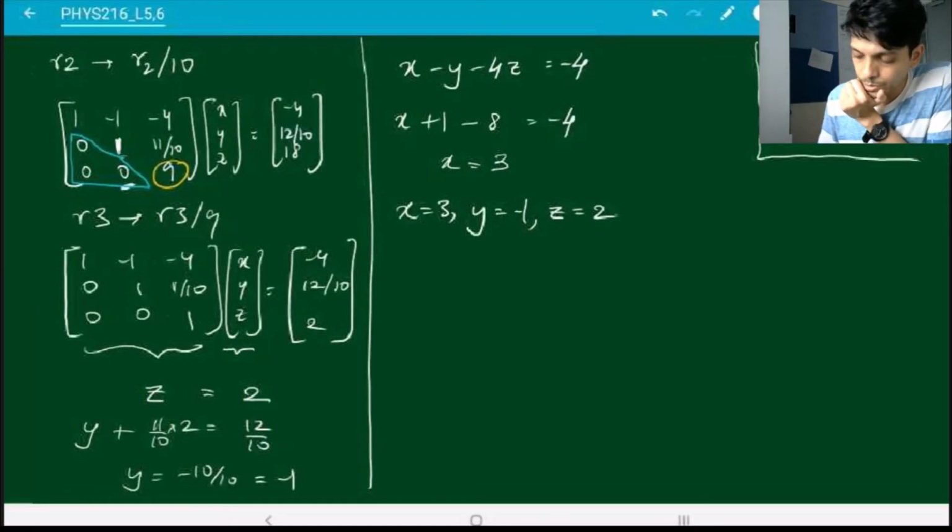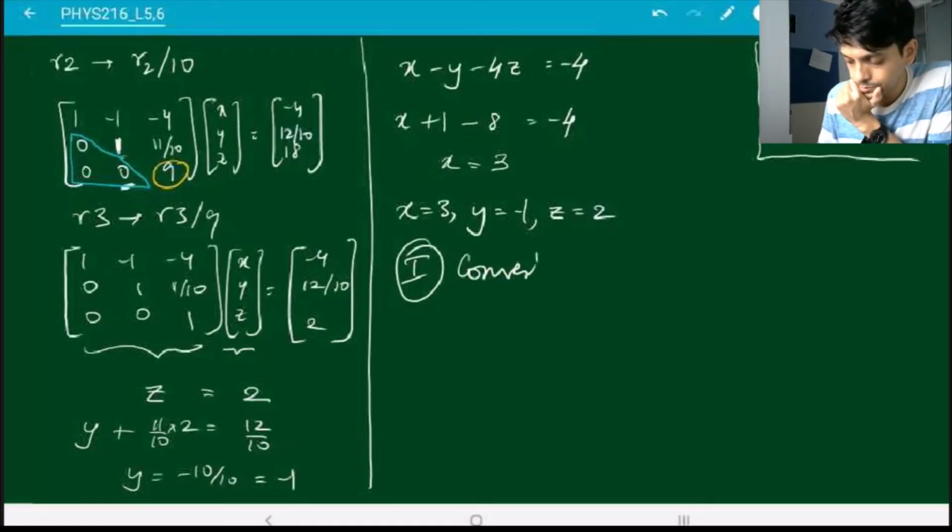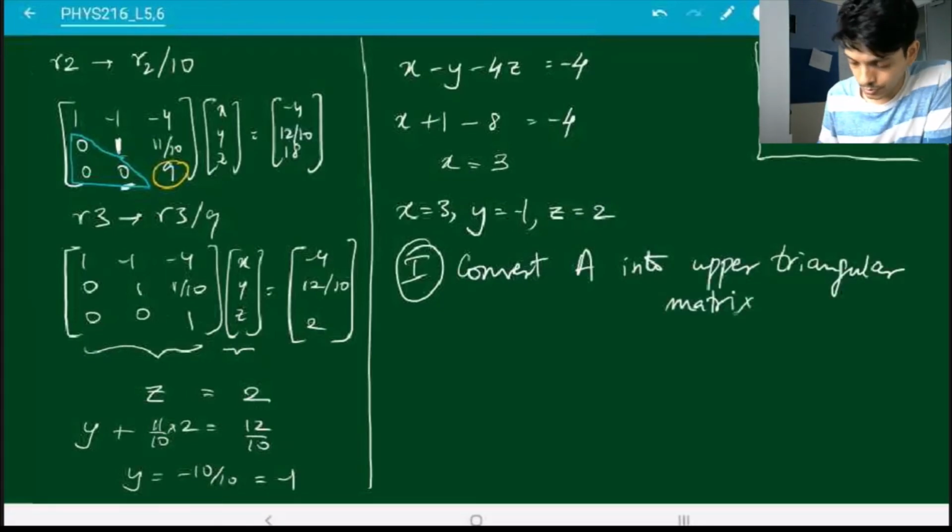So what we did was, there were basically two steps. First step was to convert the matrix A into an upper triangular matrix, meaning all the elements below the diagonal have to be 0.